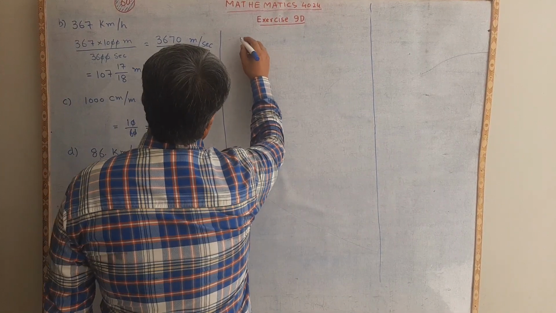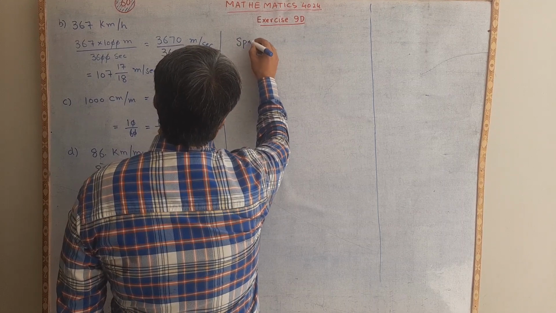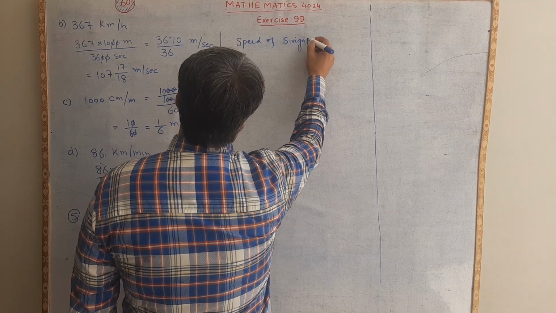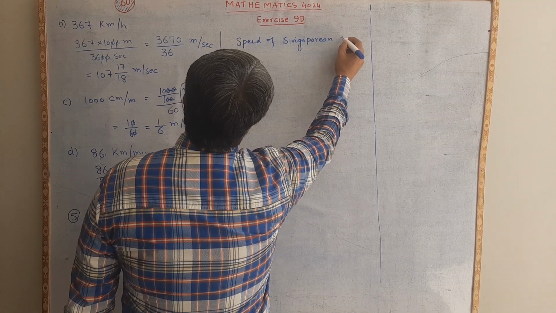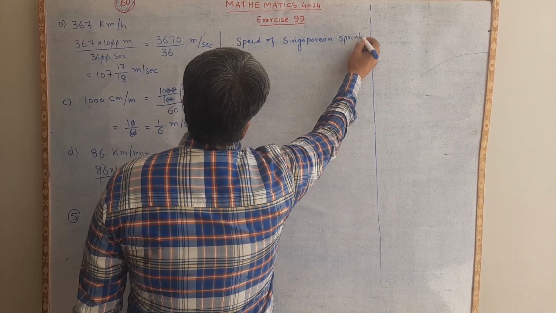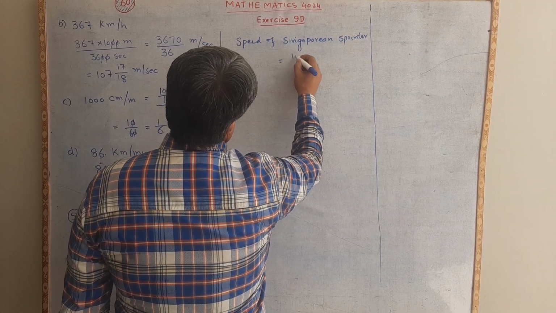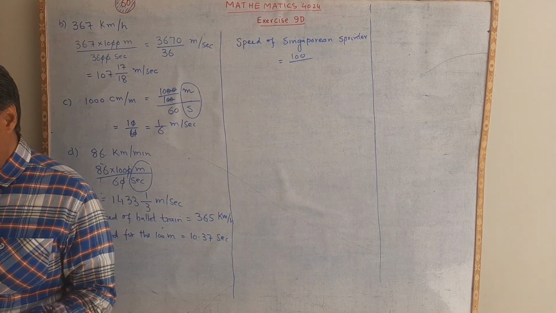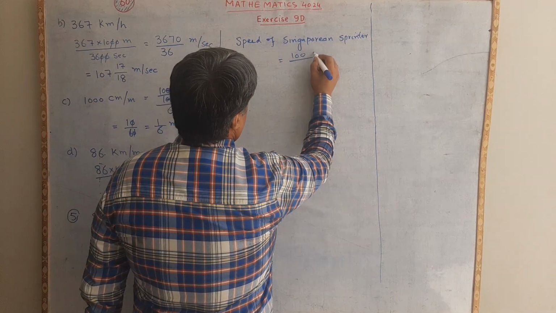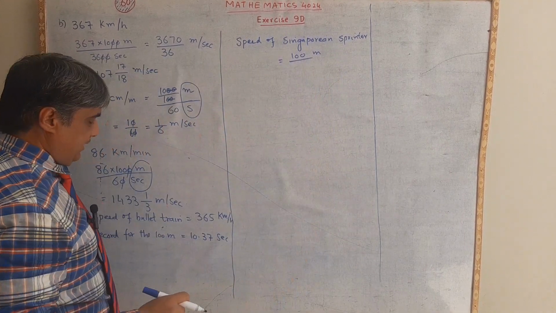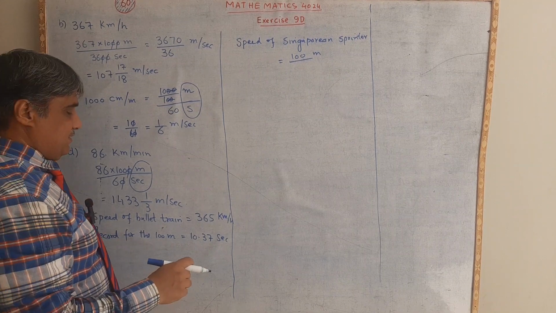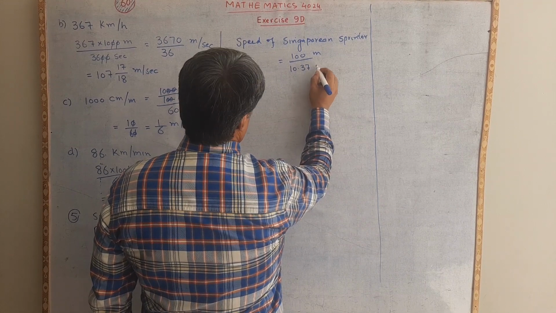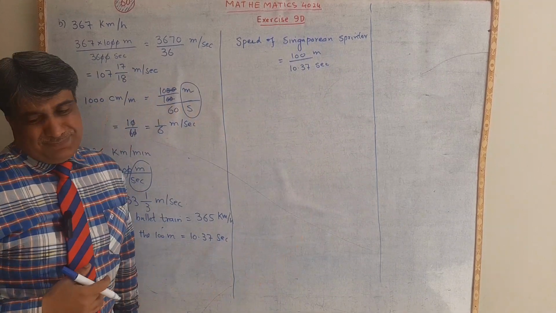First of all, speed of Singaporean sprinter is equal to 100 meter in how many seconds? 10.37 second.